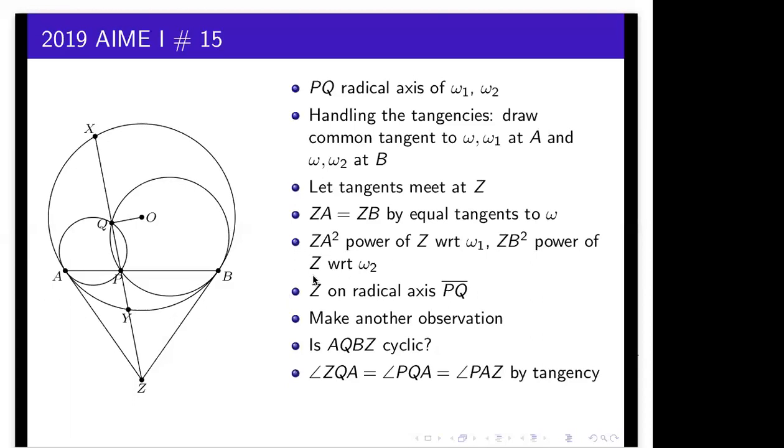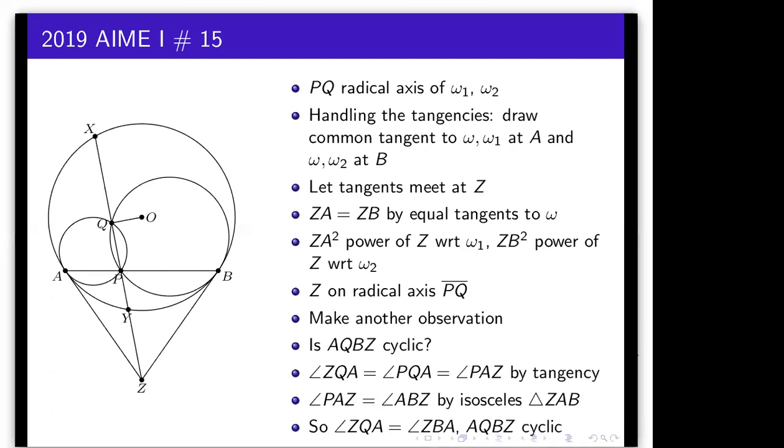And now PAZ is equal to ZBA because triangle ZAB is isosceles. ZA and ZB are both tangent to omega, so they have to be equal. So now put this together, we see that ZQA and ZBA are equal, which confirms our suspicion that AZBQ is cyclic.